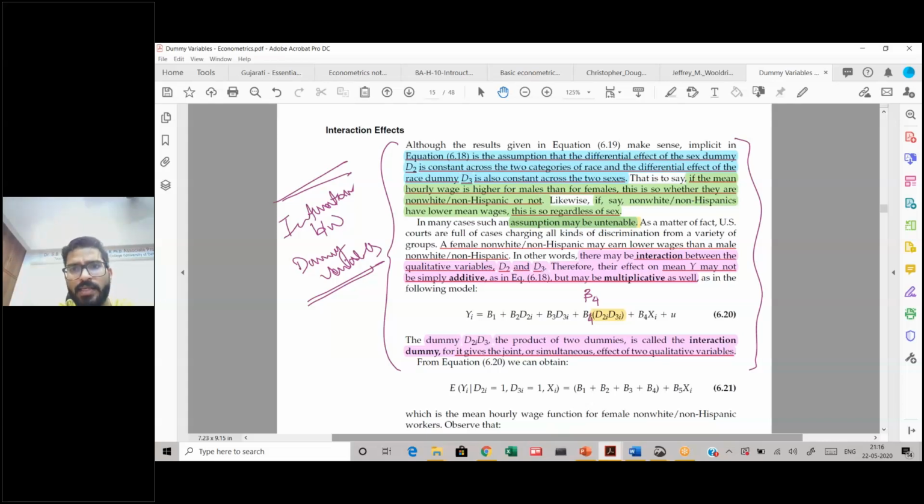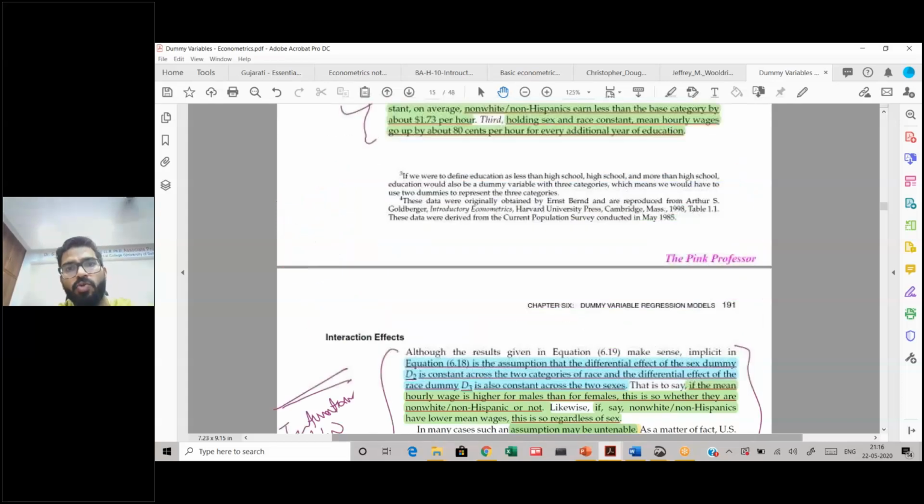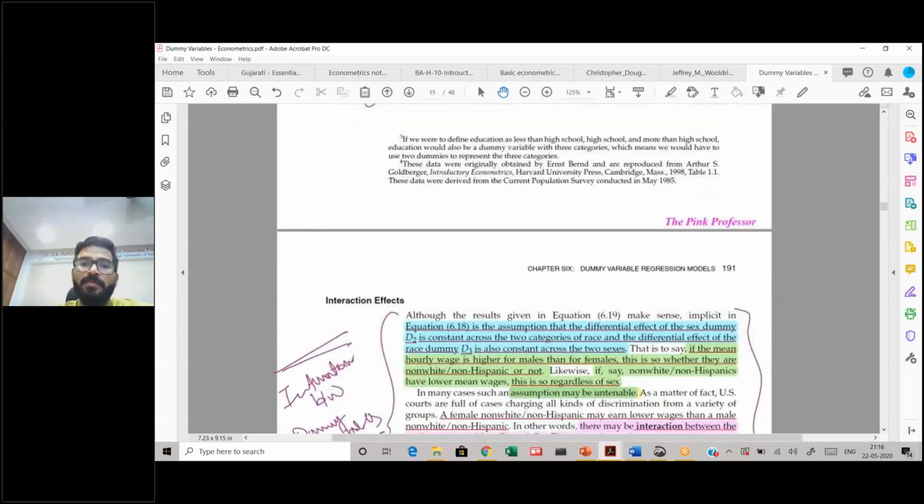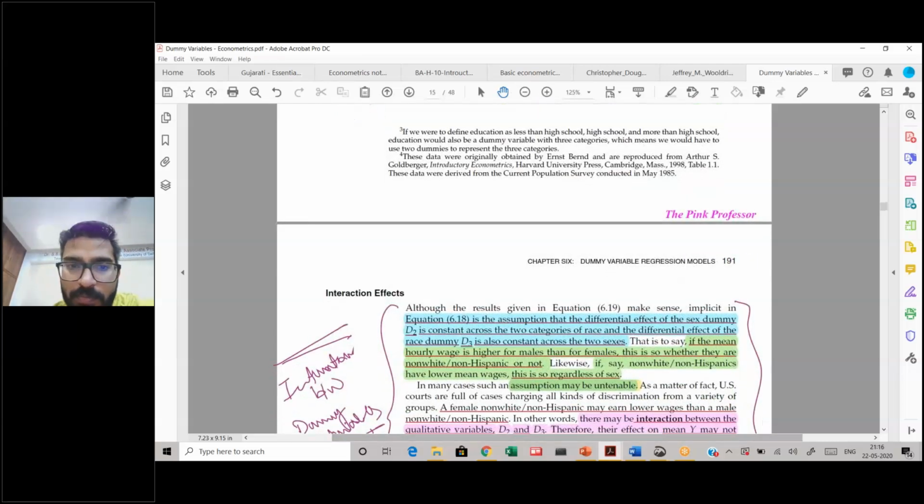What we are saying is that when we have two different dummy variables, the gender dummy D2 is constant across the races.